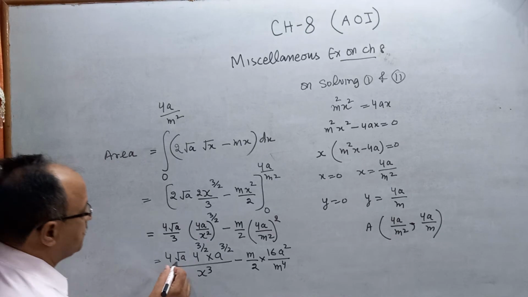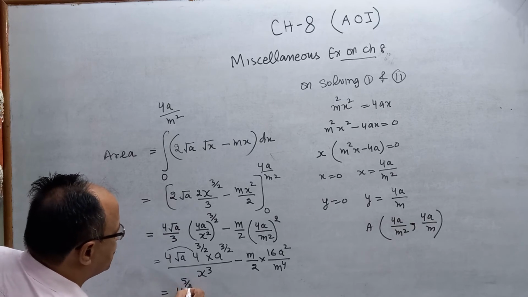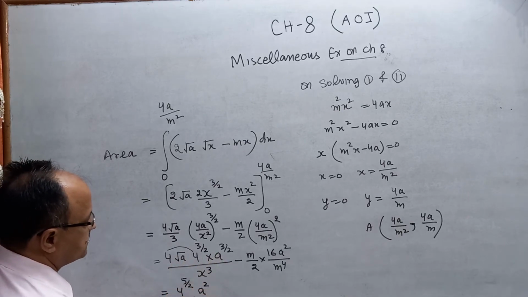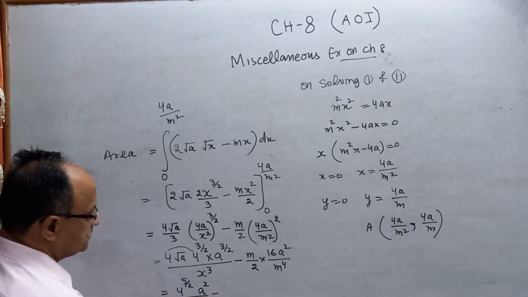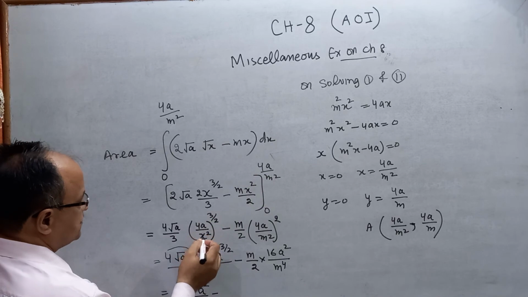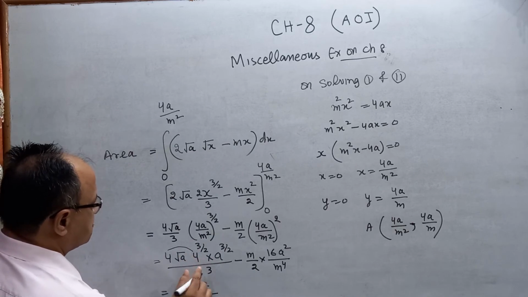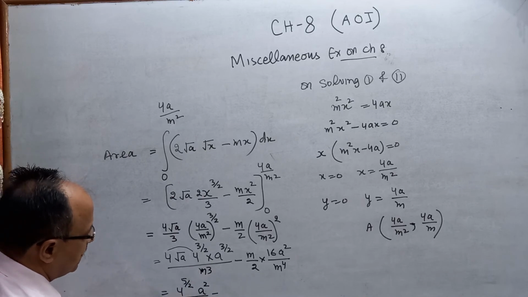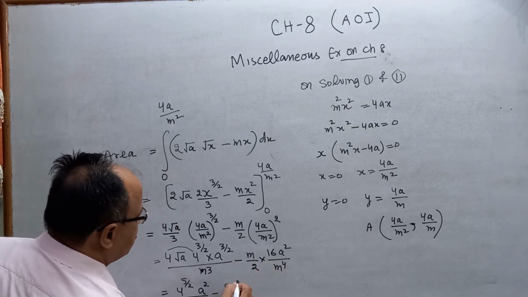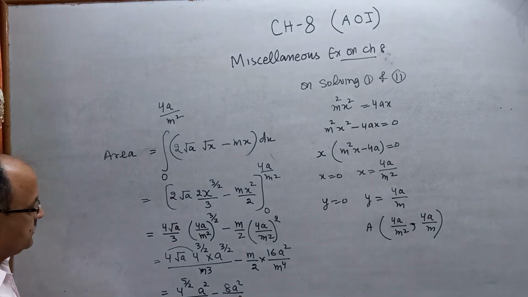Clear? Now simplify this: 2 into 16 is 8, a square by m, and m to the power 4 gives m to the power 3. Clear? This is the answer.